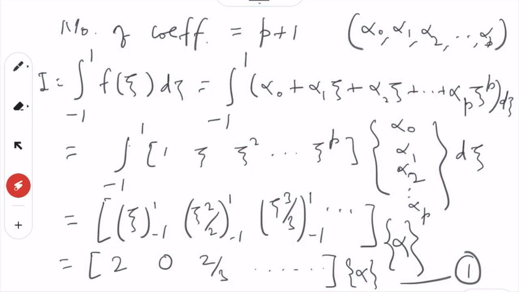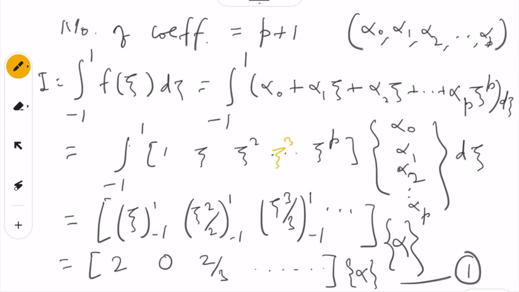Okay, so if you see here, if we have ξ², ξ³ here, let's add ξ³. So we need this one.